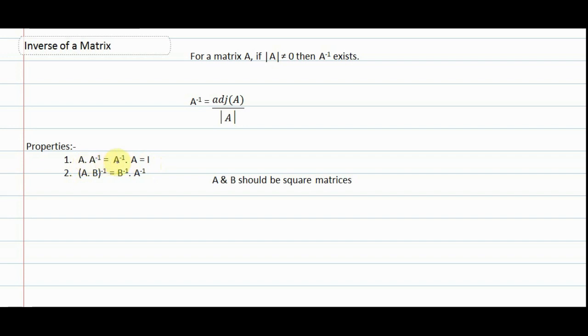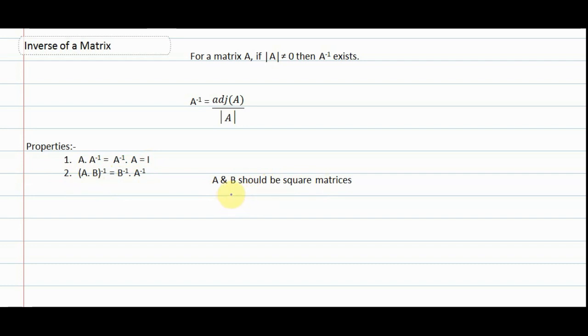So if A is a 3 by 3 matrix, then A into A inverse will be equal to an identity matrix of order 3. Now the second property says A into B whole inverse will be equal to B inverse into A inverse. A and B should be square matrices. That is the condition to be satisfied.